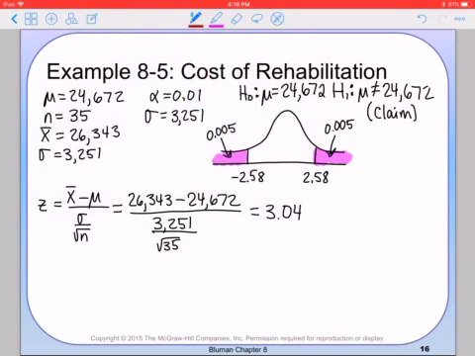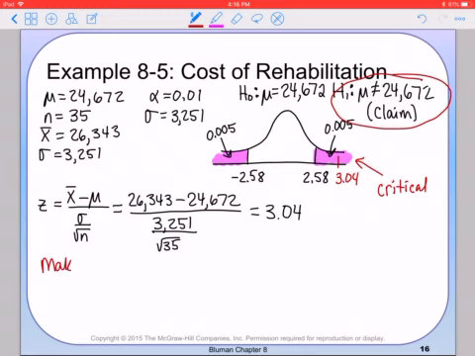3.04 is bigger than 2.58. So we have here that it's in the critical region. That means that there's a significant difference. So we want to accept the alternate hypothesis. The last part of this problem is you need to make a decision. Should you keep or reject the null hypothesis? Since we see the 3.04 is in that critical region, we're going to reject the null hypothesis.